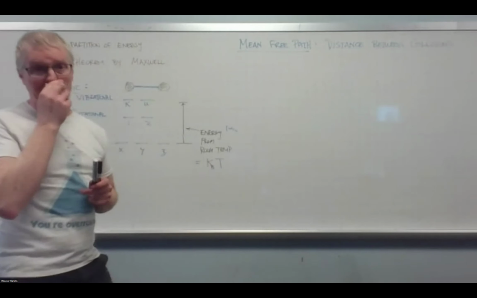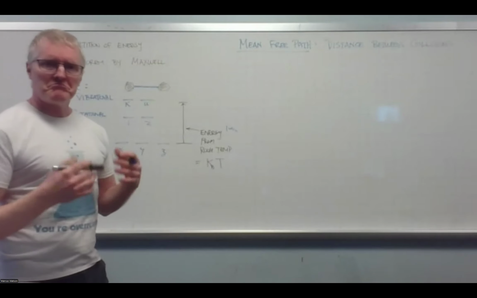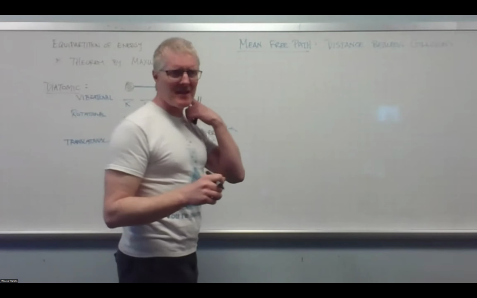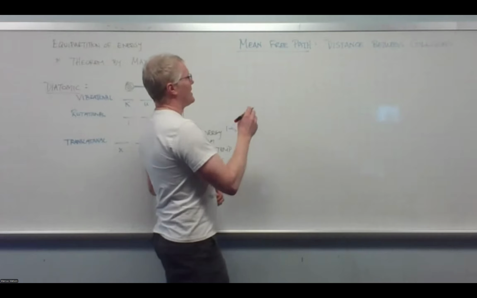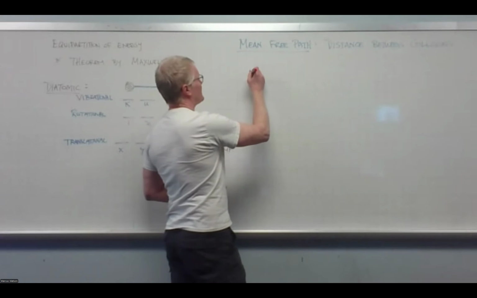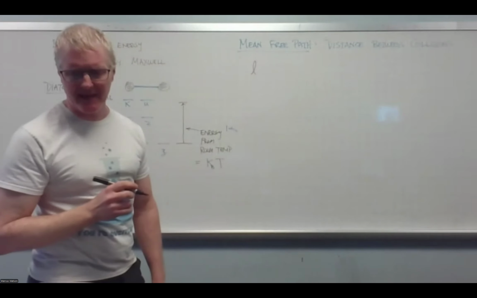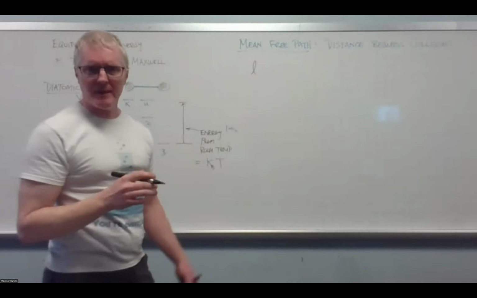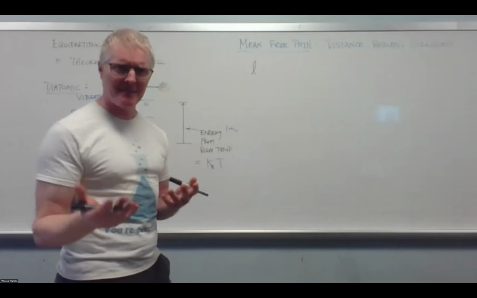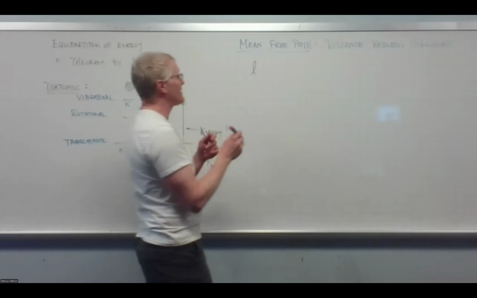It typically has the symbol of lowercase script L. You might also see it as lambda, which I don't really like that much because lambda should be saved for wavelengths. So I'm going to use L for the mean free path.